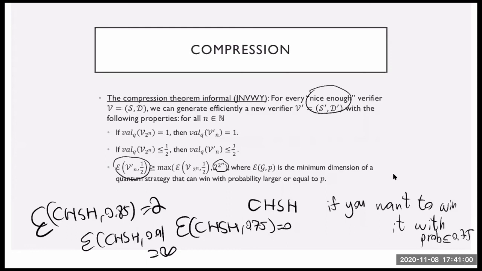V prime is a simulator of V. The first two items say that V prime is a good simulator in the sense that it agrees with V on what's a perfect success and what's a failure, in the sense of value a half or less. Between a half and one, we say nothing, right? Yes. And in what sense do we need a simulator? You can use the original machine.